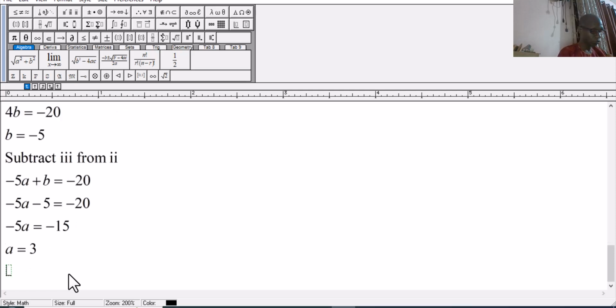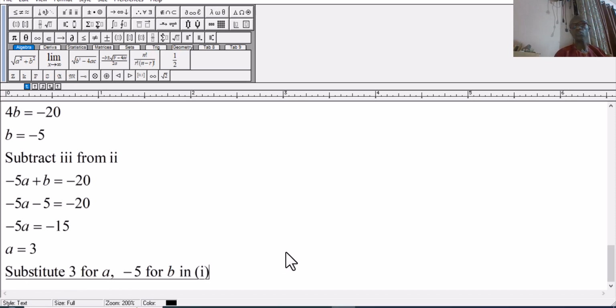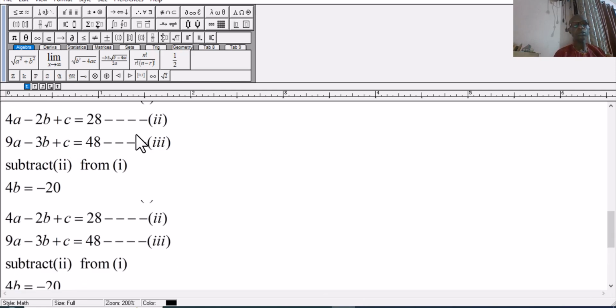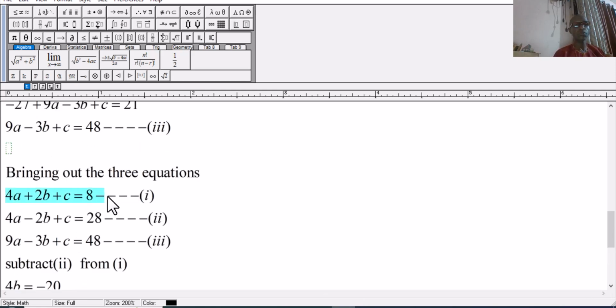So we can substitute 3 for a and minus 5 for b in equation 1. Let me copy it out so that you will see it. This is our equation 1. So you can get the value for our c.